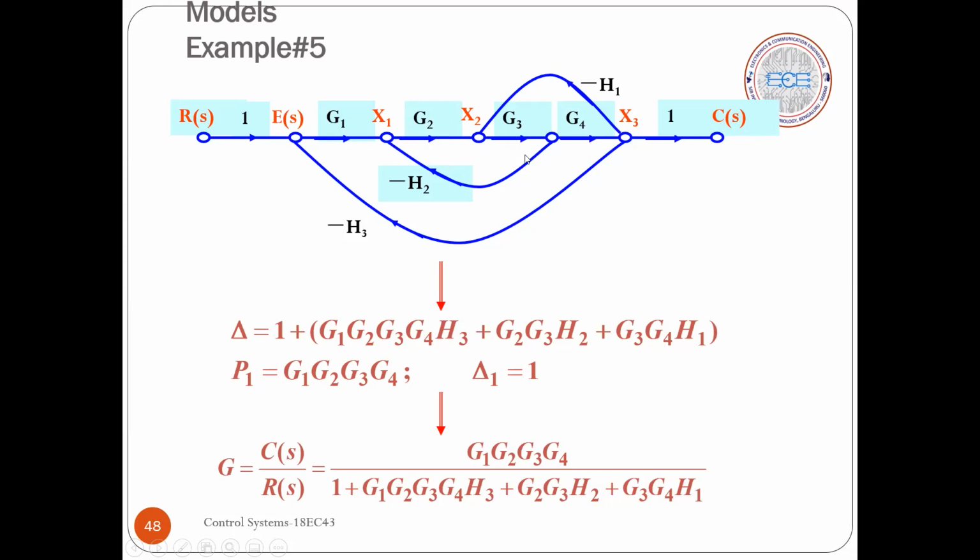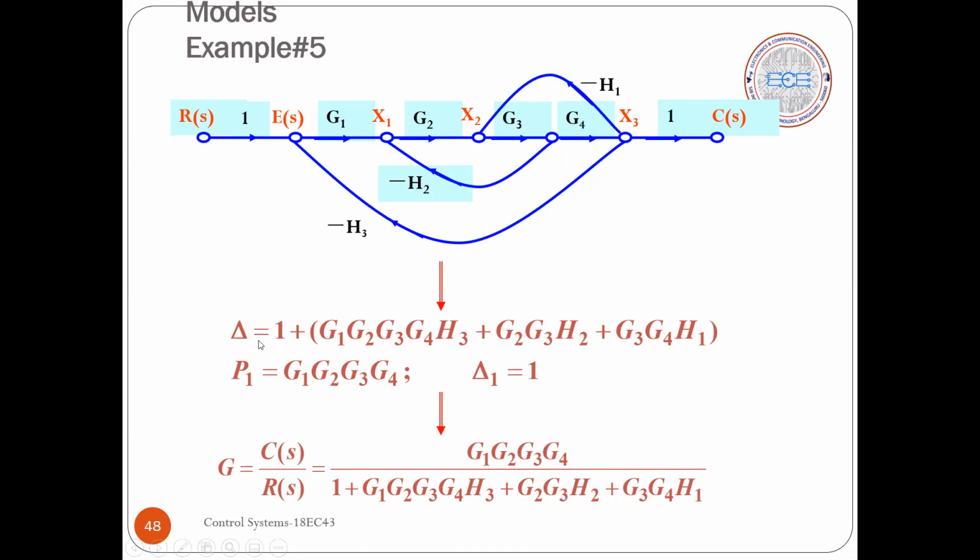Consider this as a loop, that is G2, G3 minus H2, and the second loop, say for example G1, G2, G3, G4 and minus H3, and the third loop is G3, G4 minus H1. All the 3 loops you will find are dependent on each other, because they are sharing common branches and nodes. So there are no 2 non-touching loops. If there are no 2 non-touching loops, 3 non-touching loops will never exist. So the 3 individual loop gains we have to calculate, and we have to compute the delta.